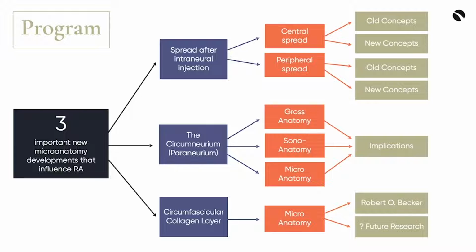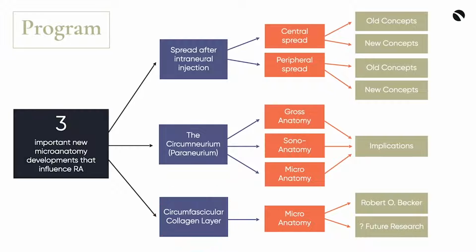The first is the way that local anesthetic agents spread centrally and peripherally after intraneural injection. The second new development is the concept of the Circumneurium, formerly known as the Perineurium, and before that the gliding apparatus of the nerve. And the third is the newly discovered and recently described circumfascicular collagen layer.